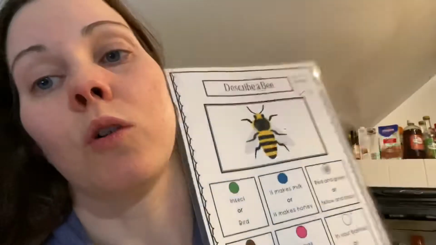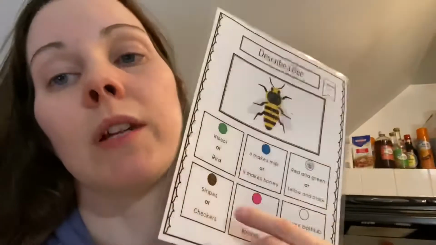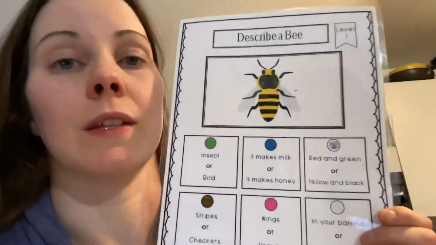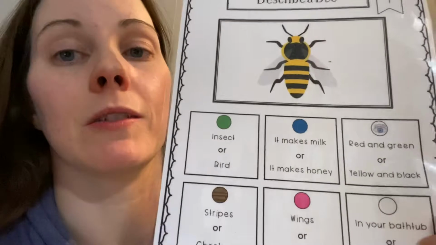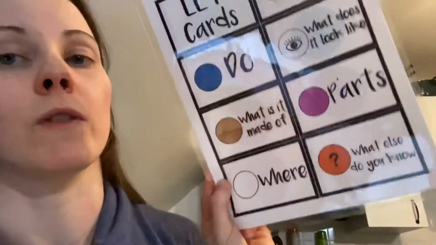So again, to go over the first 3. If your student's capable of doing that with choices, move on to the last 3, what it's made of, its parts, and where. If your student can do this entire board independently, circling the choices, and being able to use the closed sentence, try it without the closed sentence. Just give a prompt. If that's too easy, move on to this sheet.